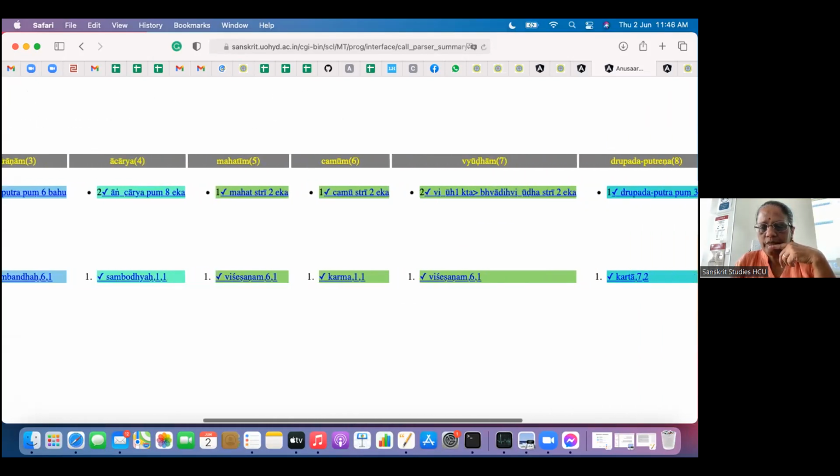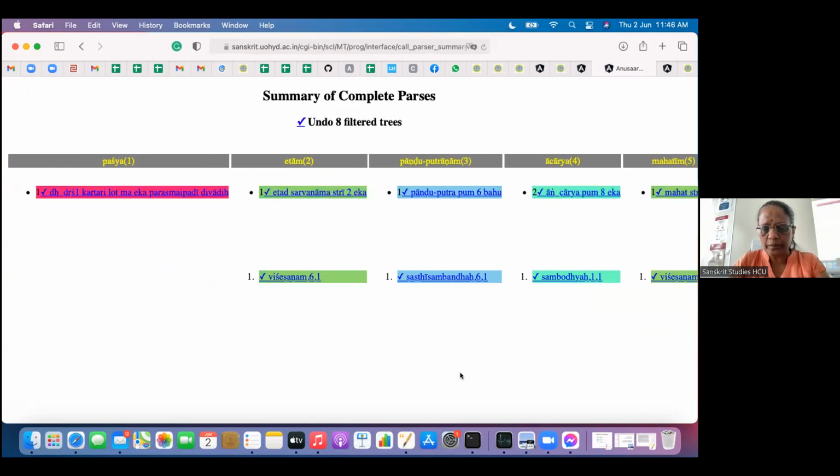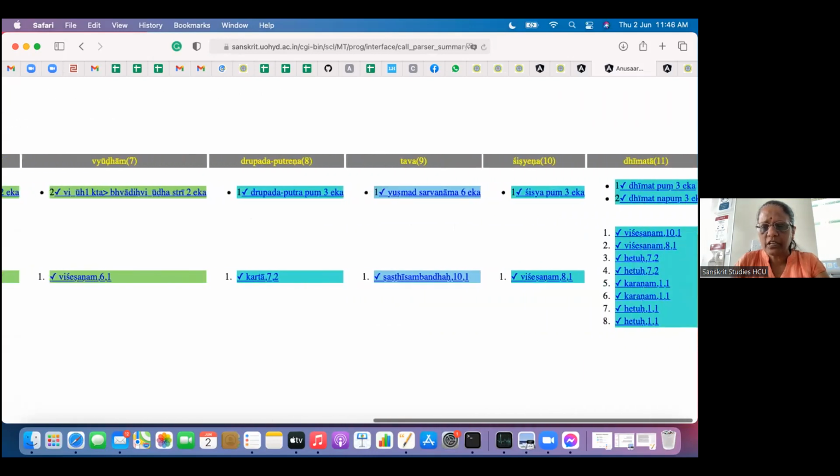And then we have Shishyena. Shishya, this disciple, is the Visheshana adjective for Drupadaputra. Drupadaputra is the Shishya, and therefore we have adjectival relation.